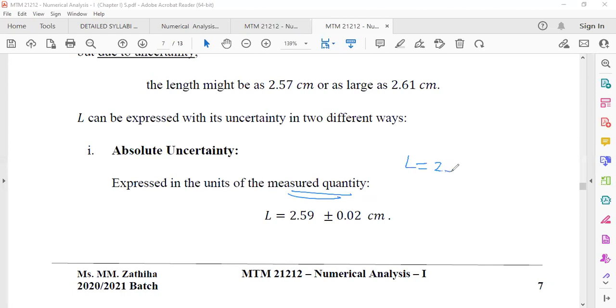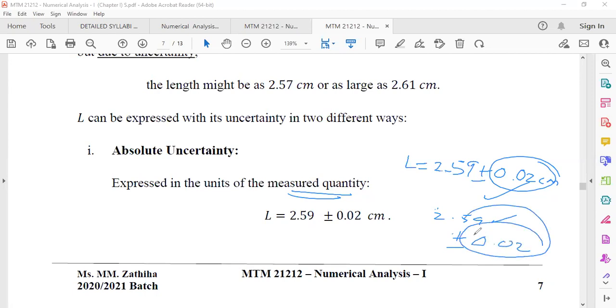You may find this in practical classes. Even in our maths marking scheme, if 2.59 is the correct answer, they give marks for 0.02 variation also. This is called absolute uncertainty, given in the same measured quantity.